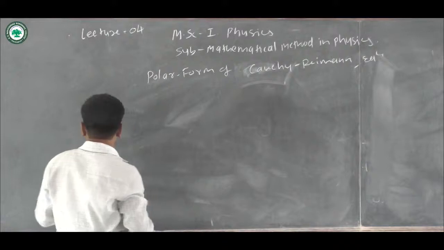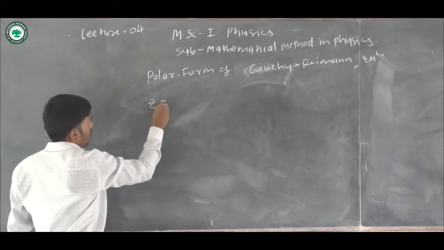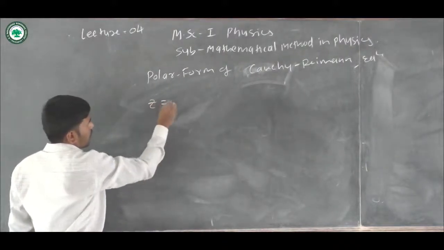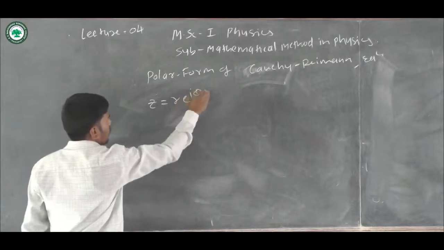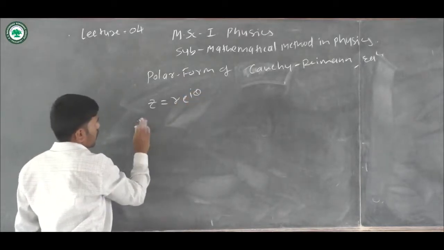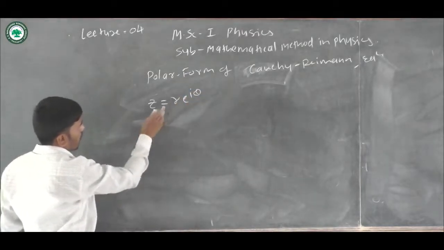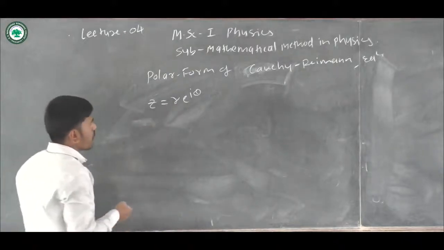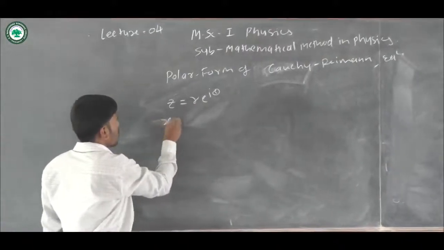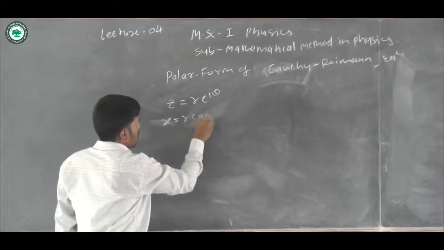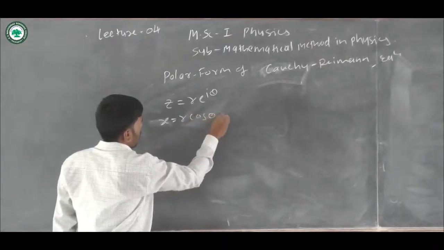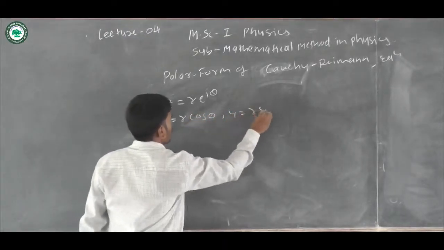So we know z in the polar form is r e^{iθ}. I am not going into detail on these things. r is equal to the square root of x² + y², and x is equal to r cos θ, and y is equal to r sin θ.